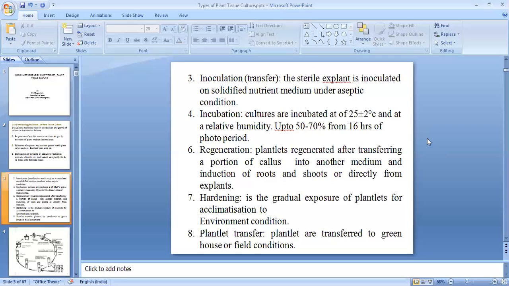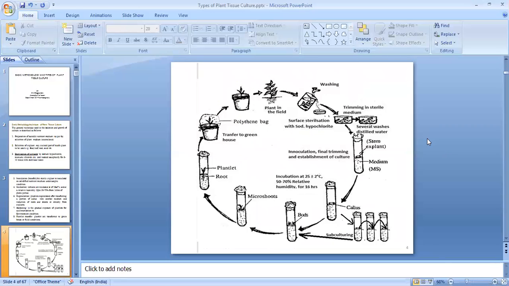So this is the basic methodology where you can see the various steps in this figure.